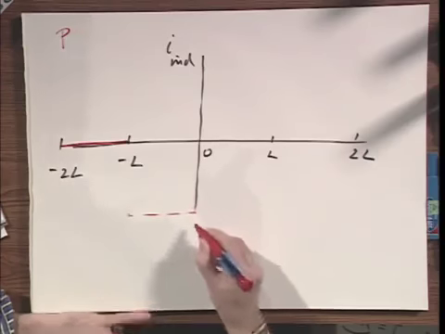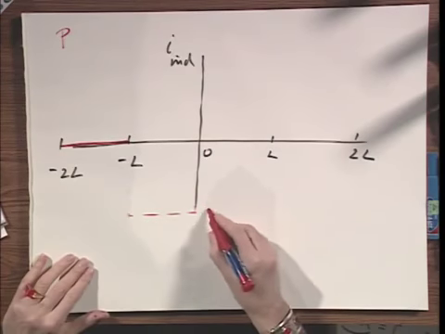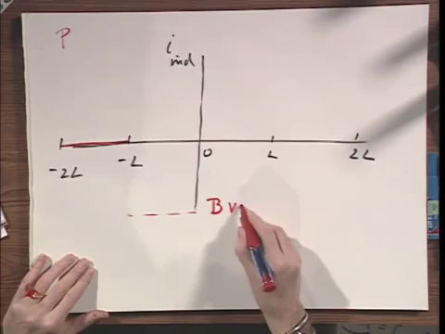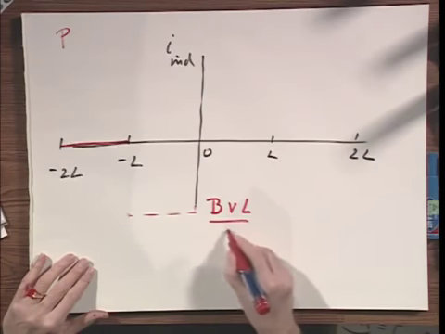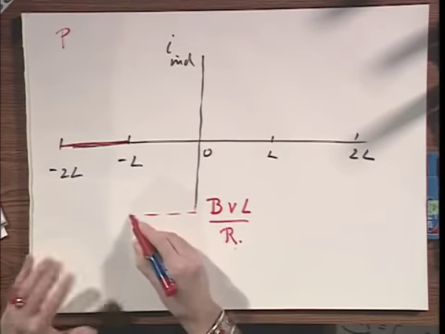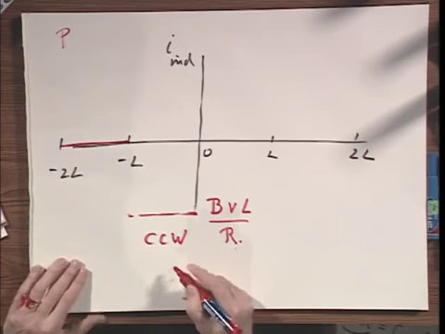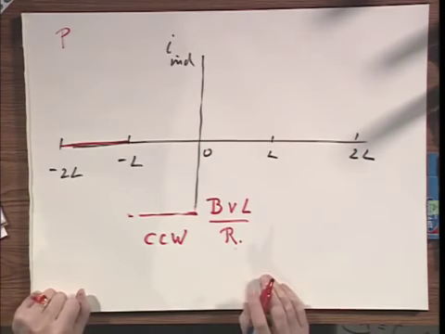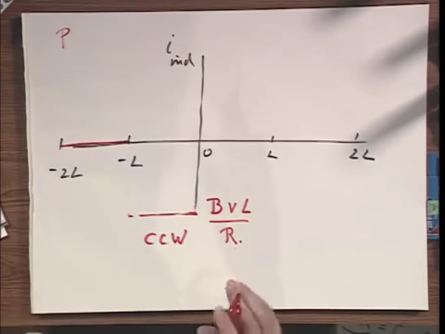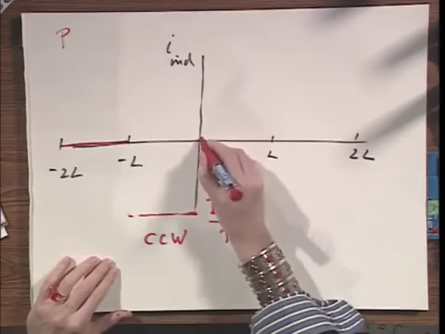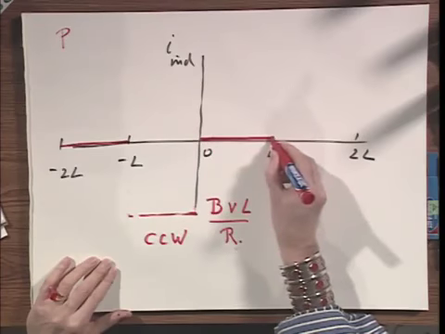Instantaneously, when P penetrates the magnetic field, it goes to a value BVL divided by R, and I call this negative, but it's really a counterclockwise current, and I would like to call a clockwise current positive.